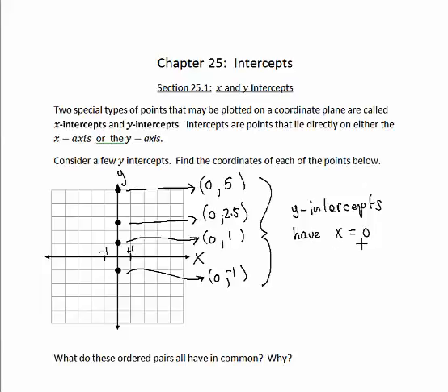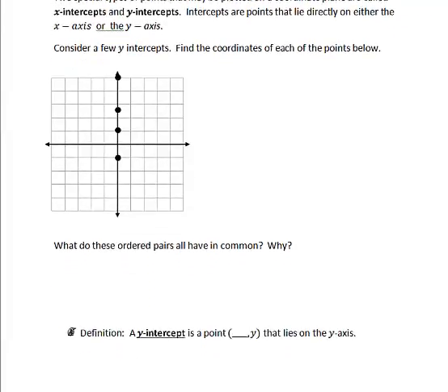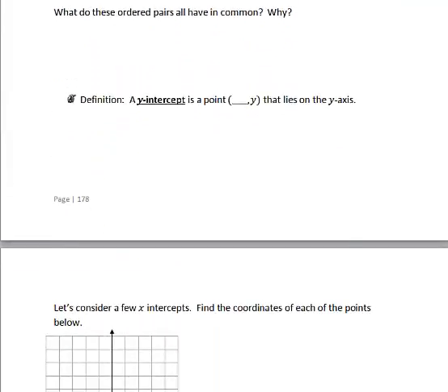We're going to actually use this to graph lines. So if you want to fill your workbook out, a y-intercept is a point 0, y, where y could be some real number, any number, but the x coordinate is definitely 0. Can't be any other number if this point lies on the y-axis.